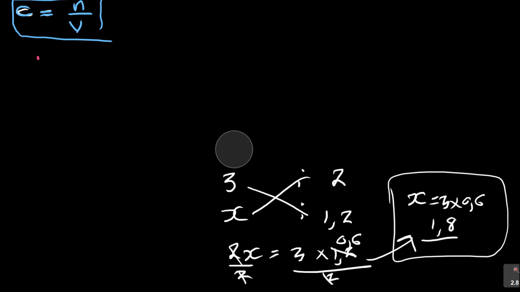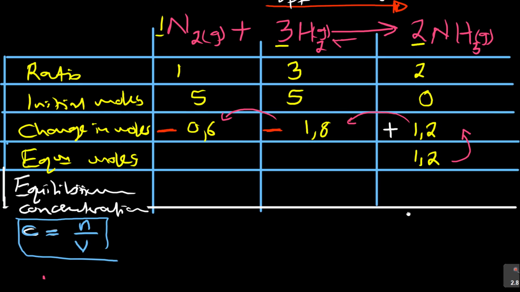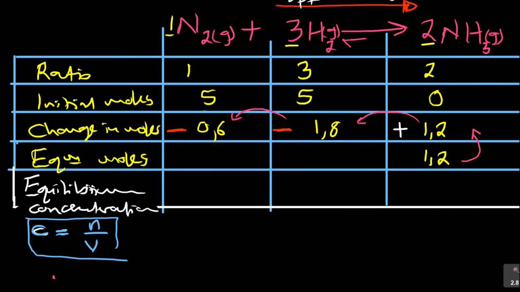So guys, that's how the whole table gets completed. From here, you work on the signs to get this part here. Look at the signs, it's easier now. 5 minus 0.6, 5 minus 1.8, that's what you do.